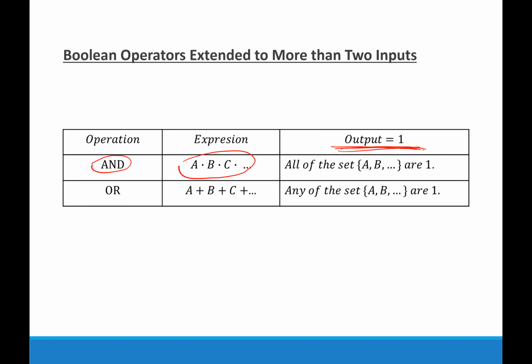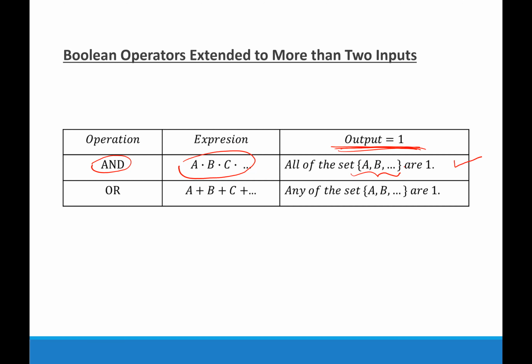We can get output equals 1 only in the case where all inputs are equal to 1. If all inputs A, B, C, D are equal to 1, we can get the output equal to 1.